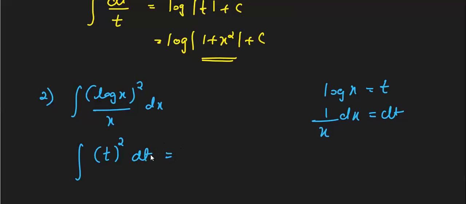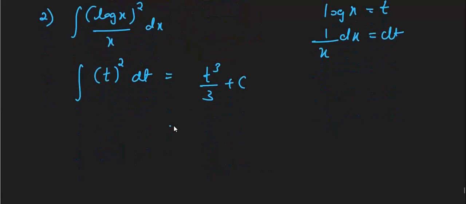Now you can integrate this, integral t square dt, which is equal to t cube by 3 plus c. So back substitute t value, t is log x now. So log x whole to the power 3 divided by 3 plus c.